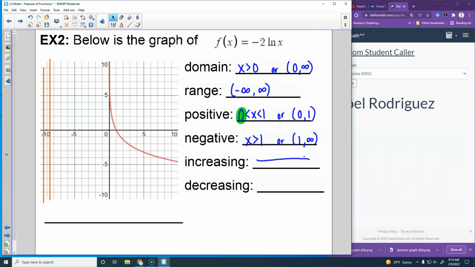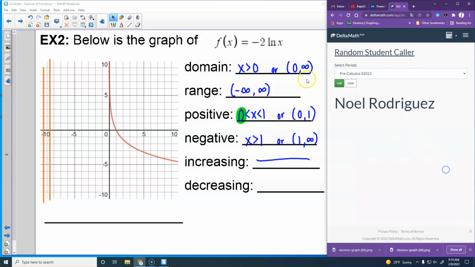So that one's just none, because it's always decreasing. So let's see who, Summer, what interval would it be decreasing for? Not quite. You want to say because it's always decreasing, you want to say negative infinity to positive infinity.